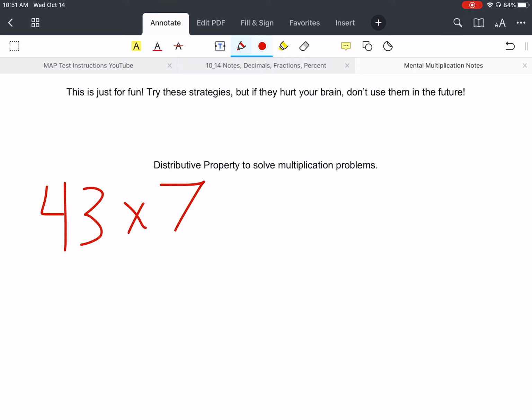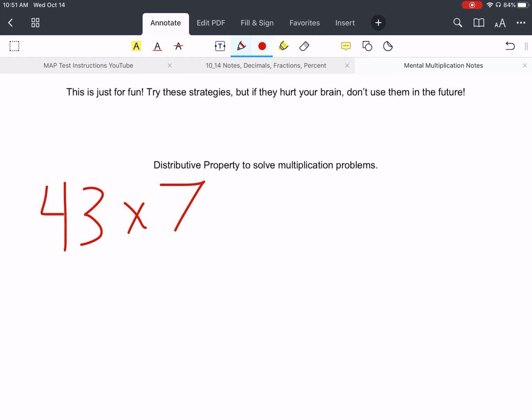So not a tough problem, nothing ridiculous, but our brain uses specific skills in order to solve this problem. Some of you might just use the algorithm or a calculator, but we're going to use the distributive property to break apart the number.